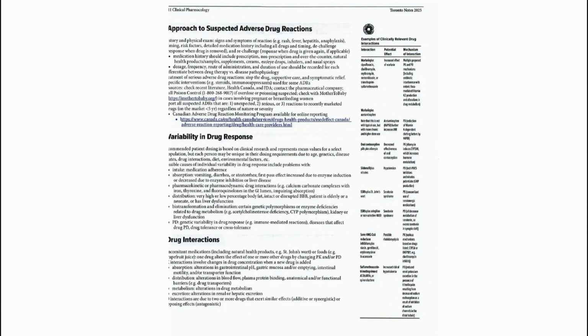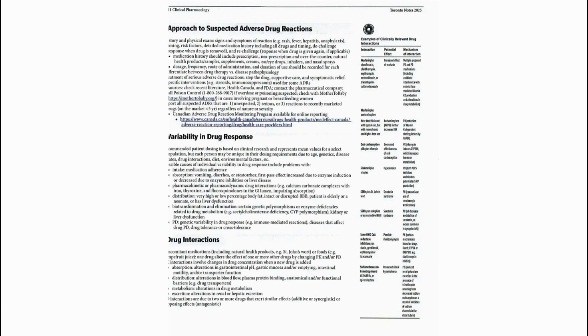To summarize this page, always evaluate adverse drug reactions using careful history, medication review, de-challenge, and when appropriate, re-challenge. Recognize that patient responses vary because of differences in absorption, distribution, metabolism, elimination, genetics, and pharmacodynamics.